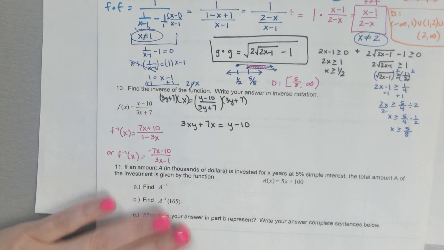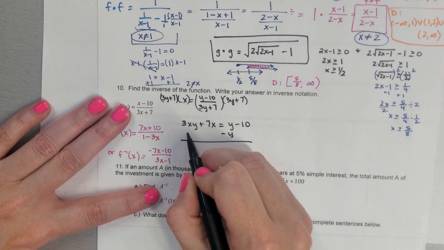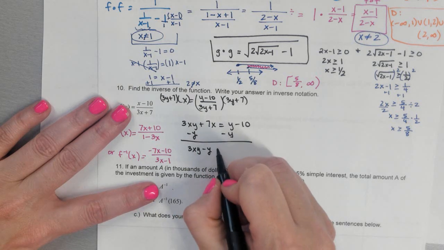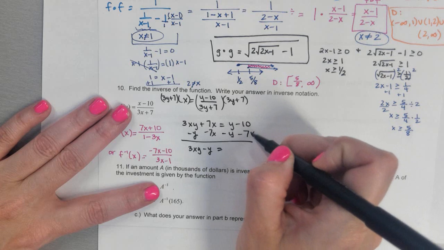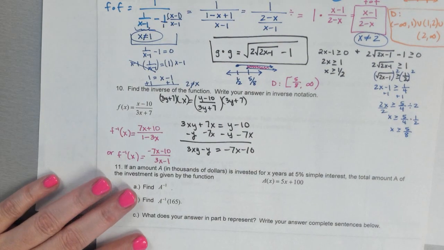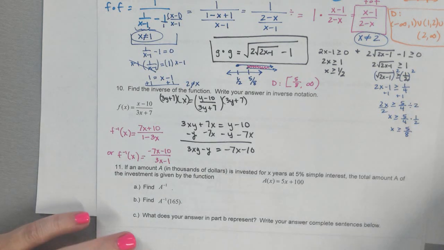You want to move all the y terms to one side so you can subtract y. Okay, and then if you move the y terms here, you're going to move the x terms here. Now, once you have the y terms on one side, you have to factor them.